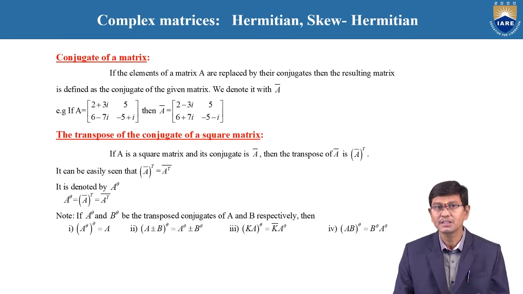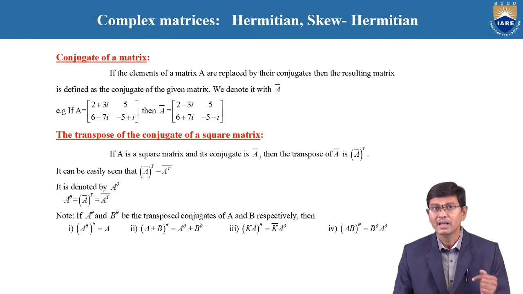Now we are going to discuss what a conjugate transpose of a matrix is. That means when we apply the conjugate on the given matrix and after that apply the transpose, that is called the conjugate transpose of a matrix. Indirectly, it is also called the transpose of a conjugate of a matrix.